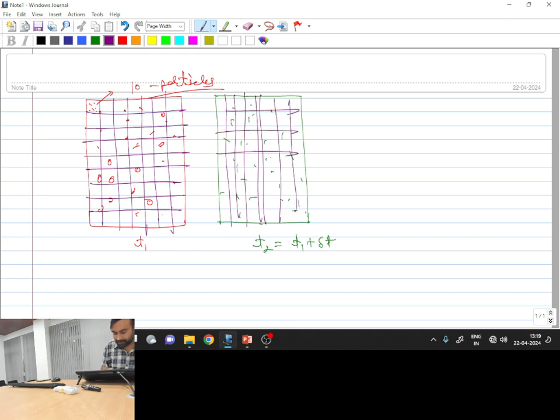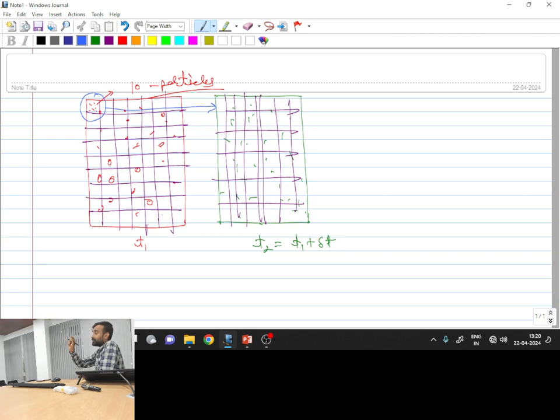Now what you will be doing: each subregion from this first set will be cross correlated with all the subregions of the new image, and the point where you have the highest value of the cross correlation function, that point you will say this grid has the highest probability of reaching that particular place. Is this point clear? All are clear with this idea?